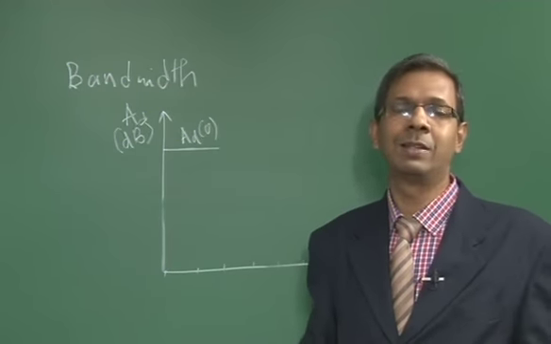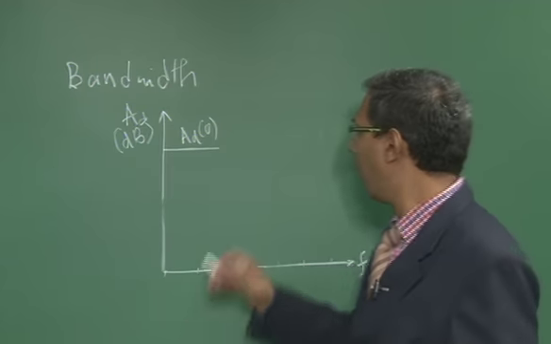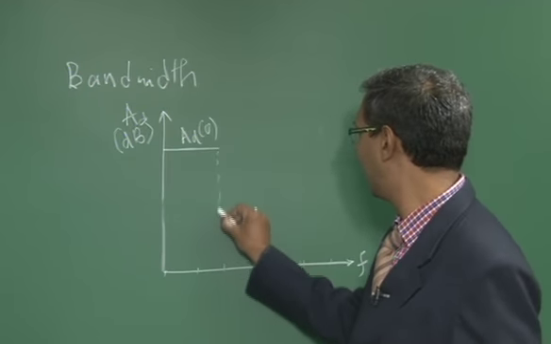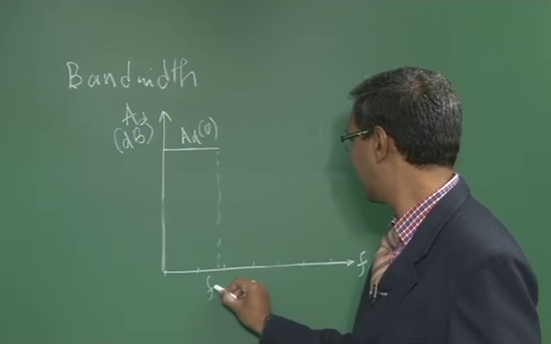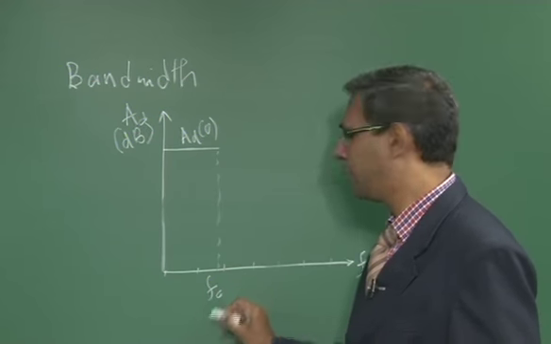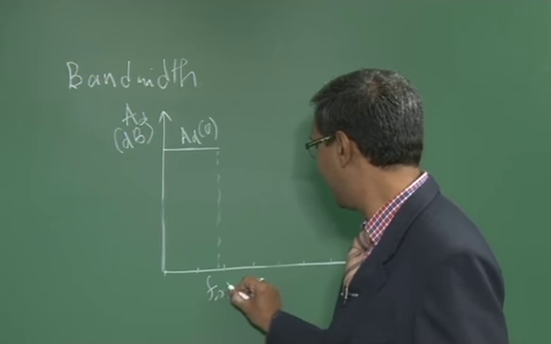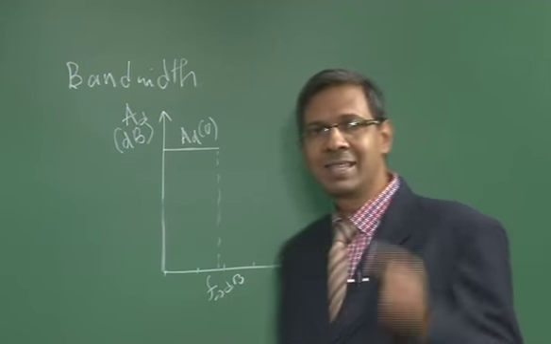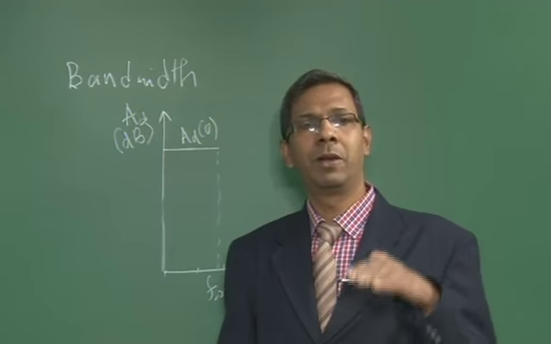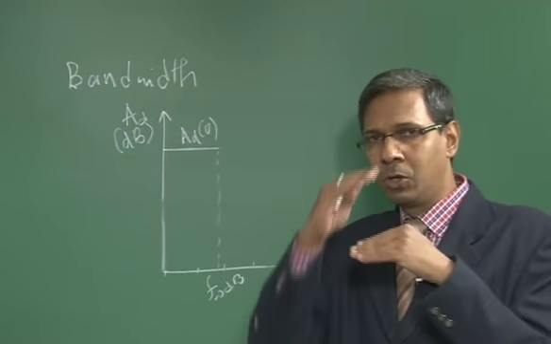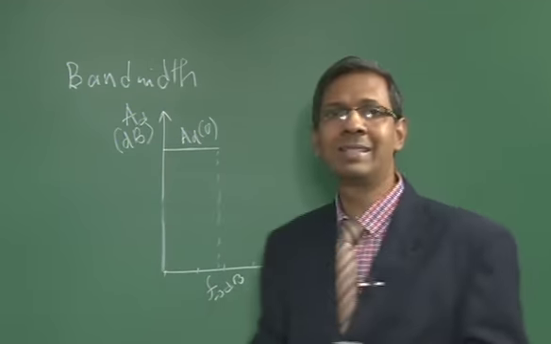But real life is not that way. Beyond a certain point, which we call the 3 dB frequency, or f minus 3 dB, what does that mean? This is the point where your gain drops to 3 dB below its DC gain.